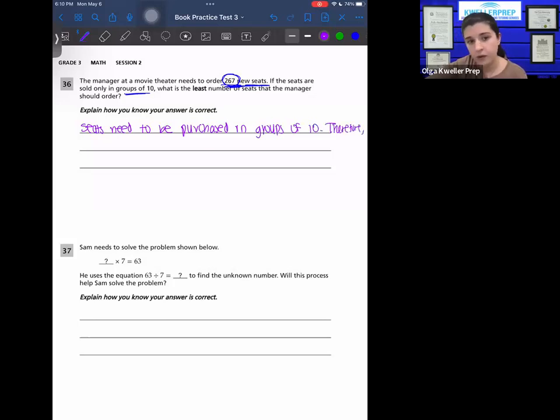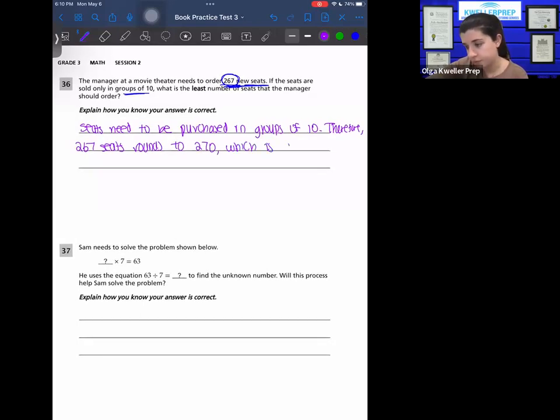Therefore, 267 seats rounds to 270, which is divisible by 10. 270 divided by 10 equals 27 groups of seats. 260 is also divisible by 10, but wouldn't be enough.